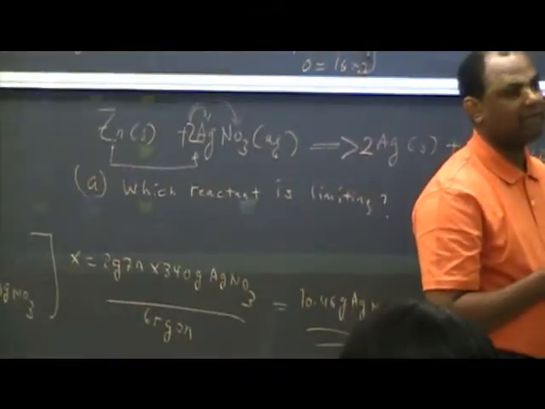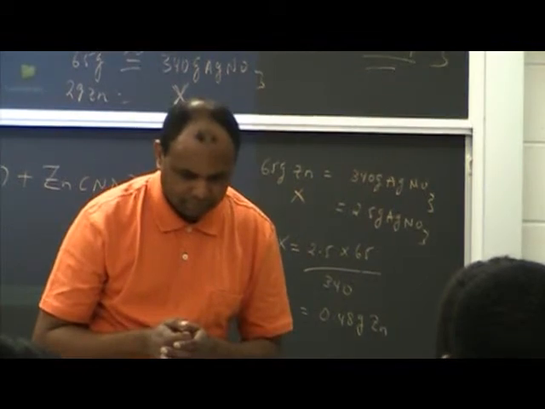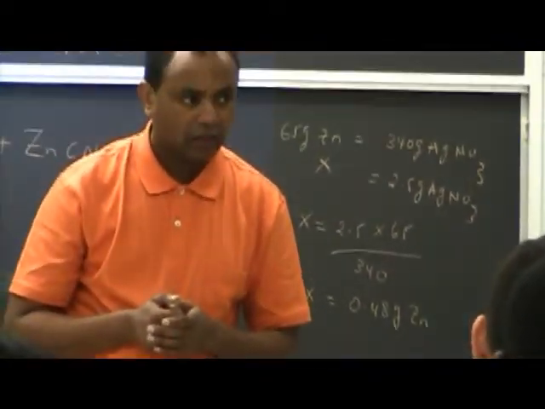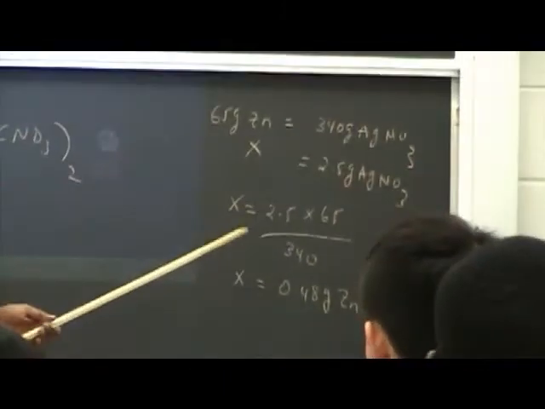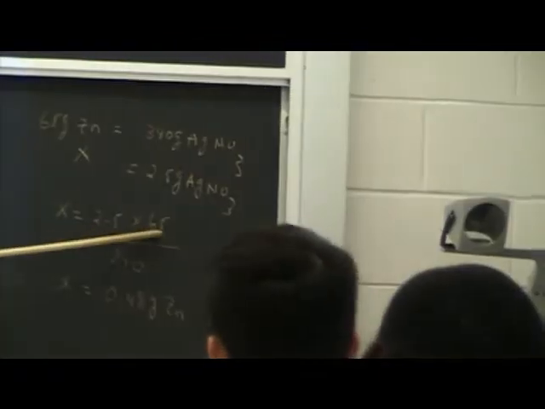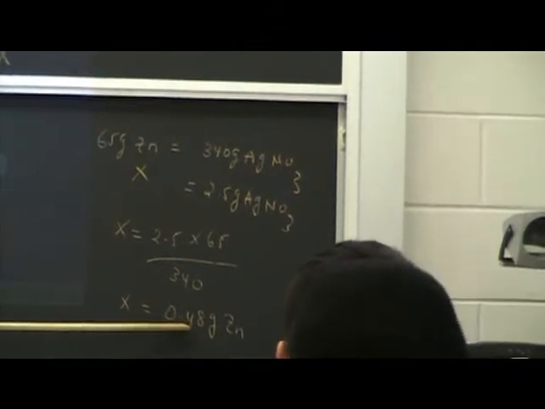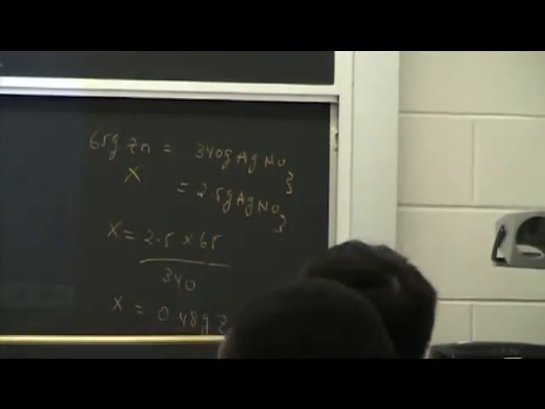You said the numbers can't be over a big number or something like that. It's the number of significant figures. If you have 2 significant figures and 3 significant figures, the final answer will have 2 significant figures. That's not what I'm talking about, but you can go ahead. Okay, all right.